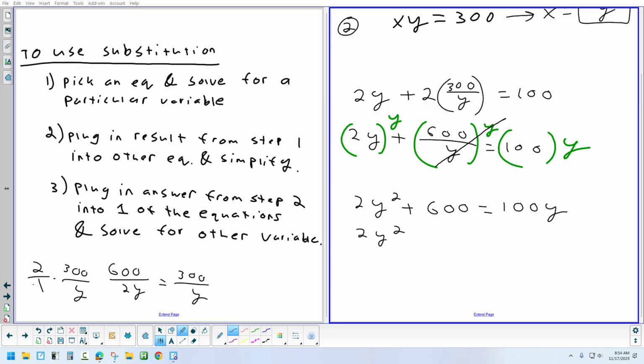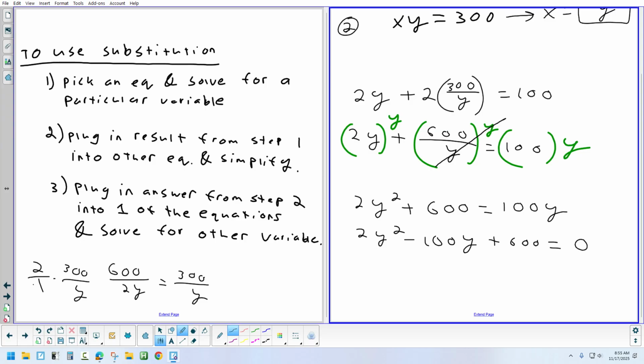I'm going to subtract the 100y to get that on the left. Now I've got my quadratic set up the way we want if we're going to either factor it or use the quadratic formula.